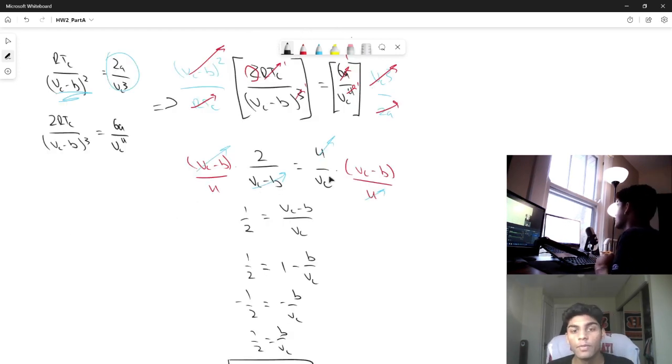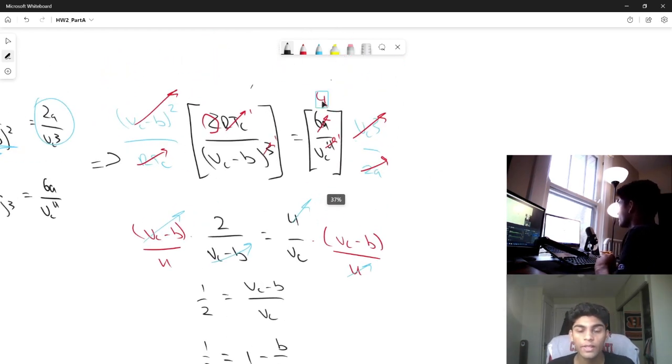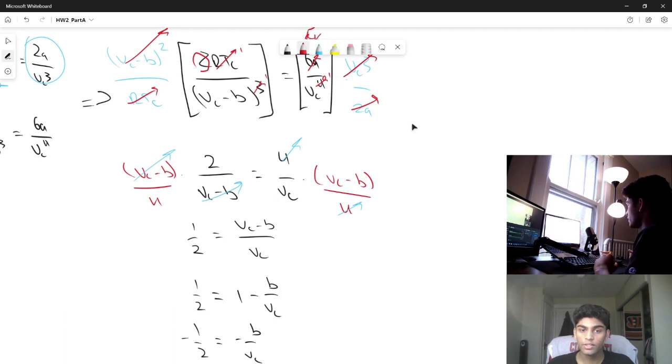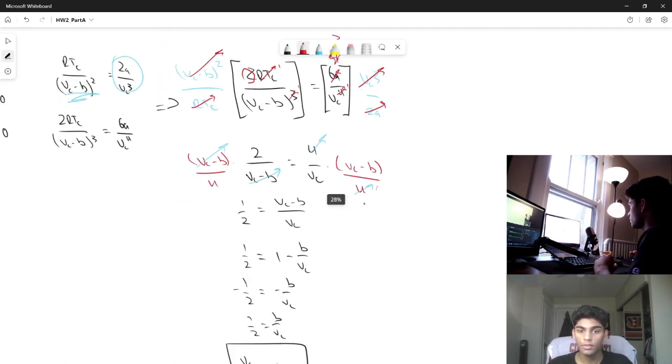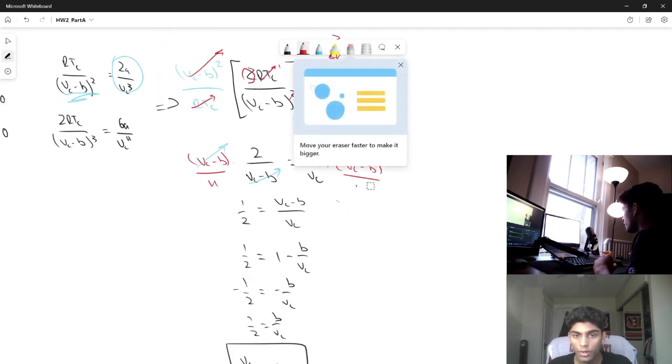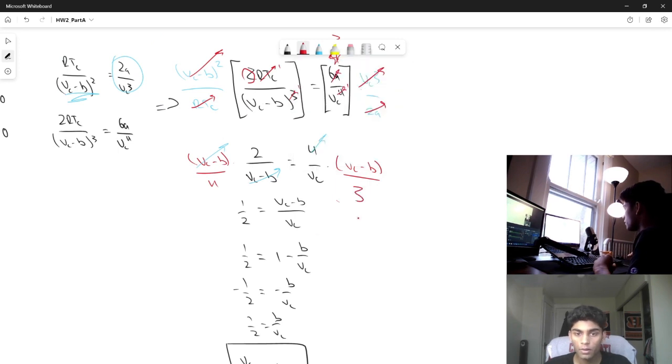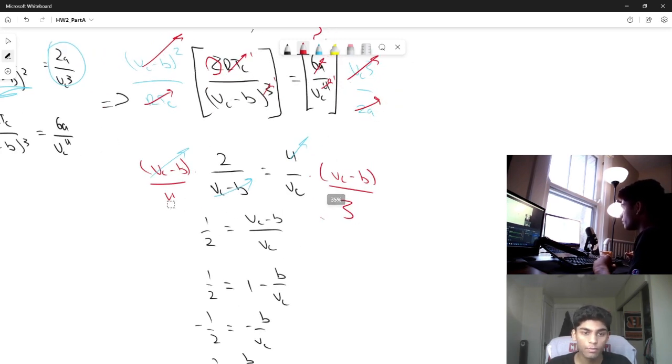Actually, I made a bit of a mistake here. I wrote that down as 4. That's actually supposed to be 3. So we're going to go ahead and change all of those. This one should be 3. So we're going to divide both sides by 3. So it's going to be 2 over 3, so that's going to change.